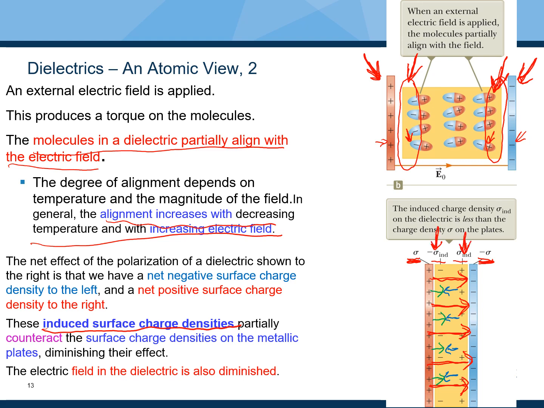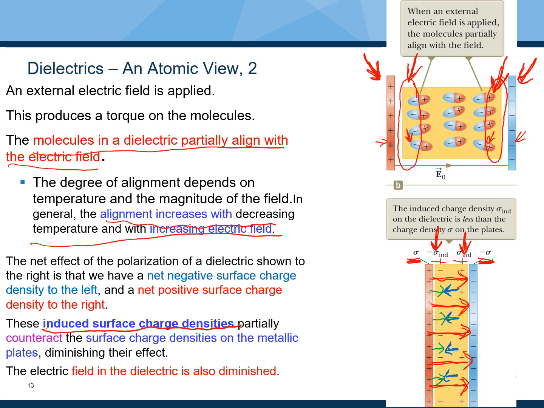We induce a negative surface charge density on the left boundary of the dielectric, and therefore notice that these induced surface charge densities are oppositely oriented to the original surface charge densities on the conductors themselves. So we went ahead and drew the electric field associated with these induced charges as the little blue vectors that are oriented going from right to left.